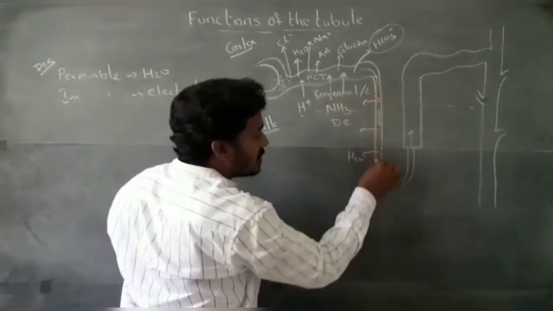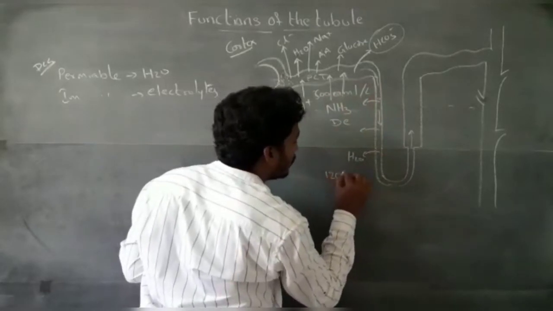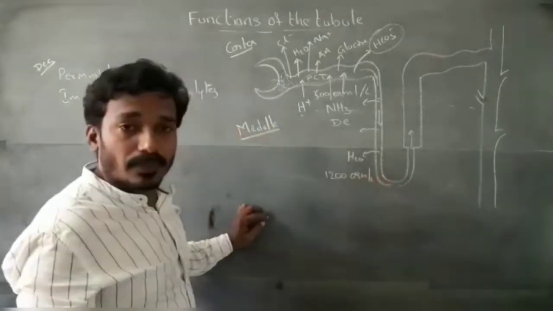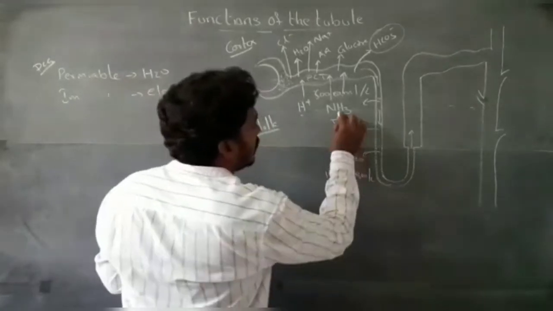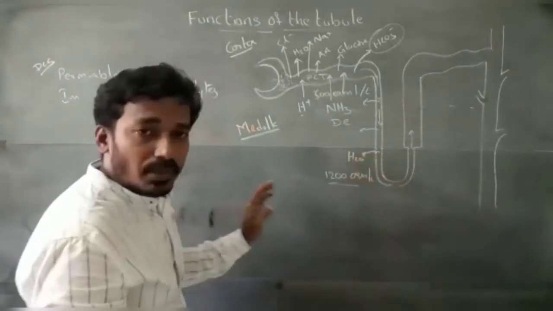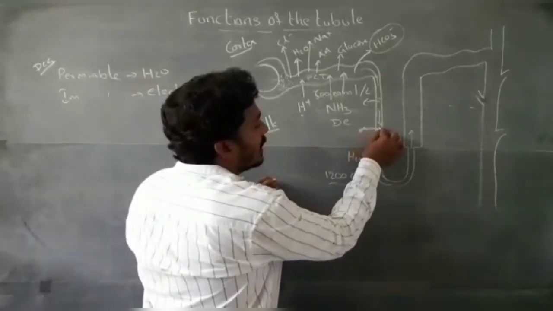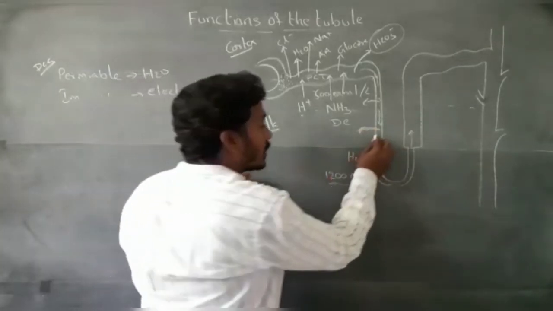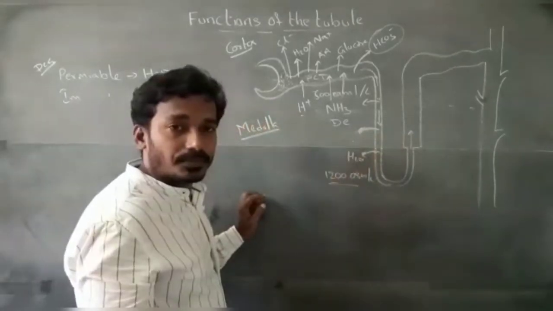It increases toward the medullary interstitium to 1200 osmolarity per liter. It is caused by the permeability to water. Water is continuously reabsorbed into the medullary interstitium.